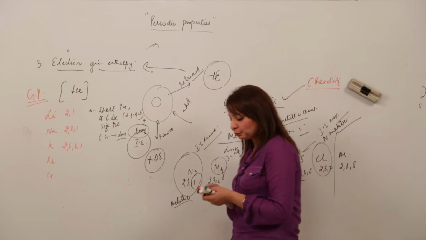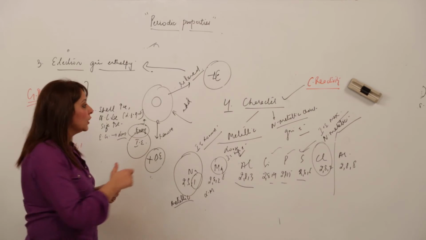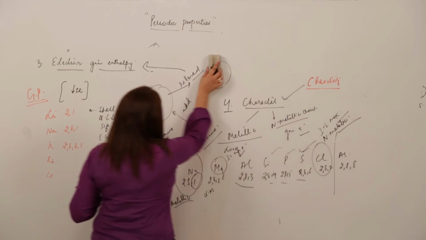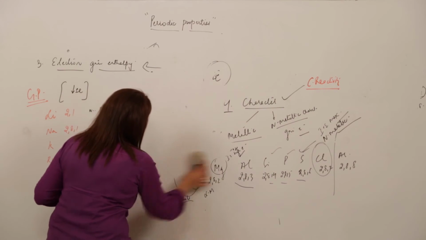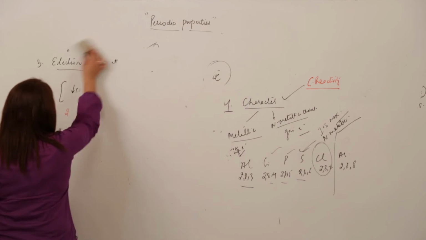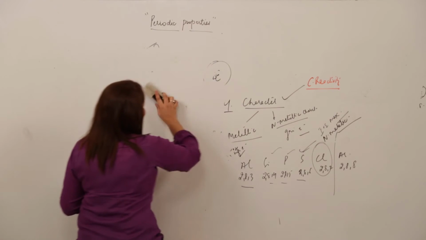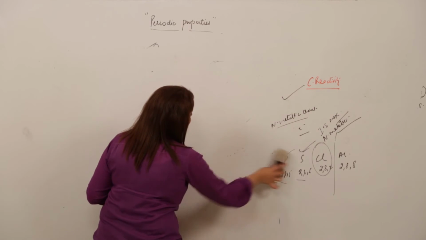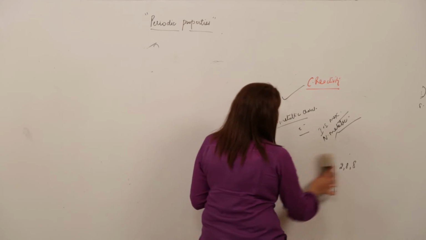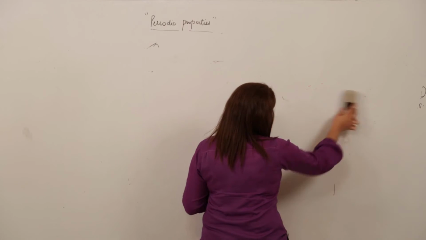One more property is the nature of oxides. When we talk about the nature of oxides, what do we mean by nature? Whenever we talk about nature in chemistry, it indicates whether the substance is acid, base, amphoteric or neutral. So we have four kinds of nature in chemistry.